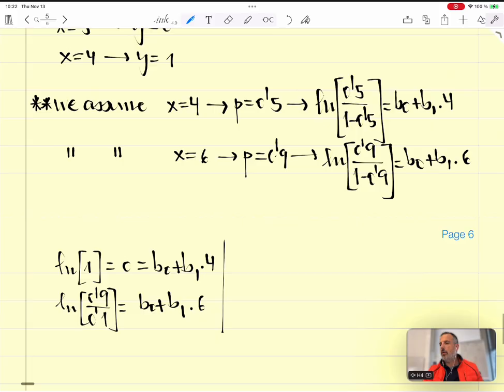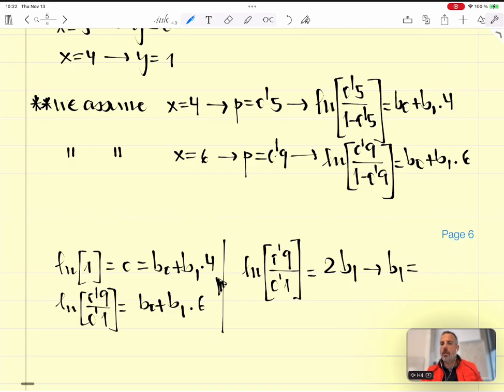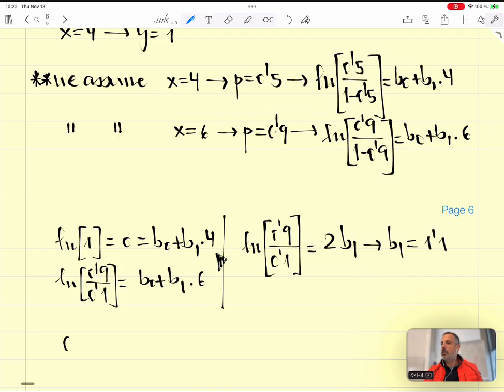Okay, using these two equations, we have the logarithm of 0.9 divided by 0.1 equals 2 times b1. So b1 is going to be 1.1. And if we put that in the equation above, 0 equals b0 plus 1.1 times 4, b0 is minus 4.4.